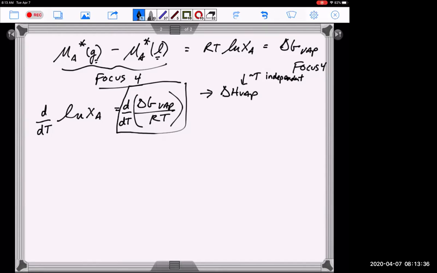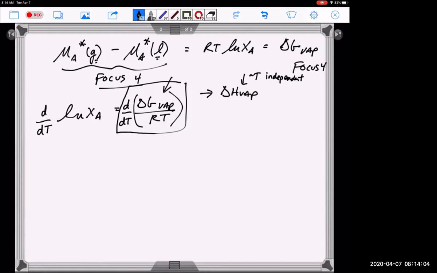Delta G of vaporization is temperature dependent, so we don't really want this term. We only want the temperature dependence to exist in explicit functions of temperature, not in delta G and temperature, at least in the final presentation of the formula we're going to derive.